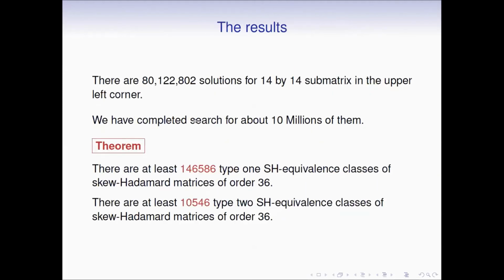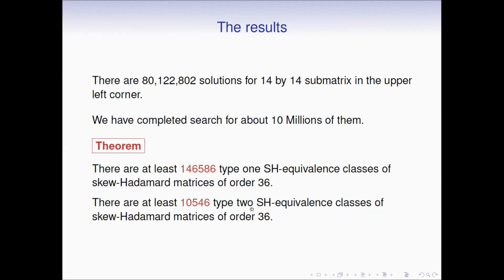So in this incomplete search, we have found all type 1 Hadamard matrices. And we have found some other matrices which are of type 2. And there's a question, is it the complete list of Skew-Hadamard matrices in order 36 or not?